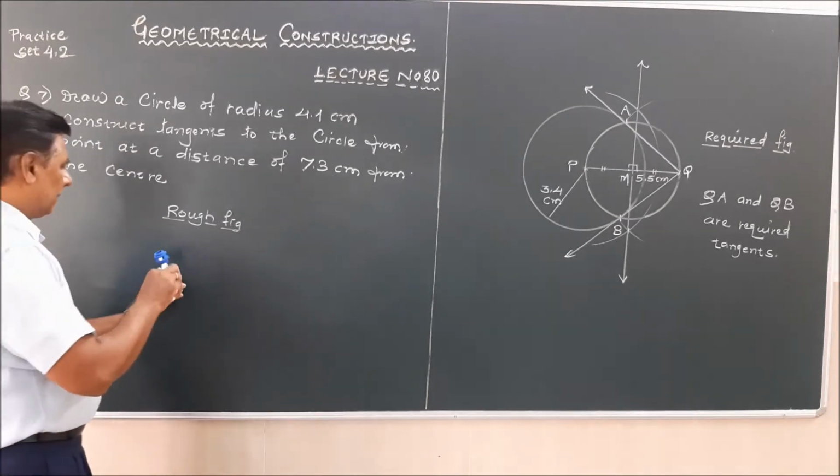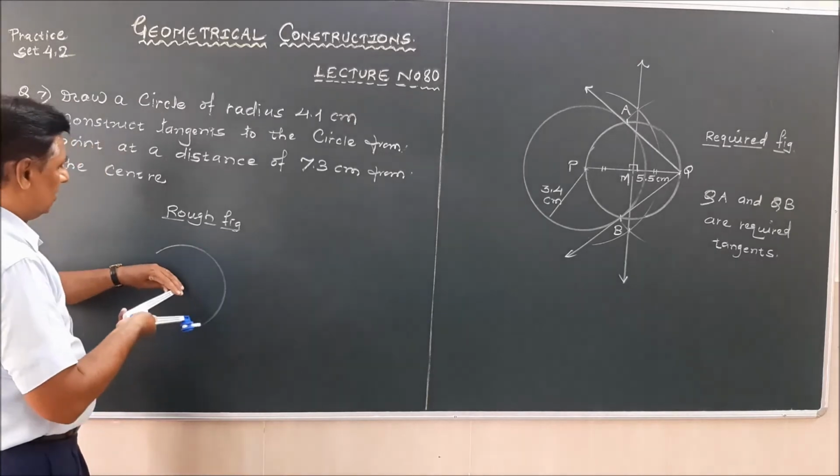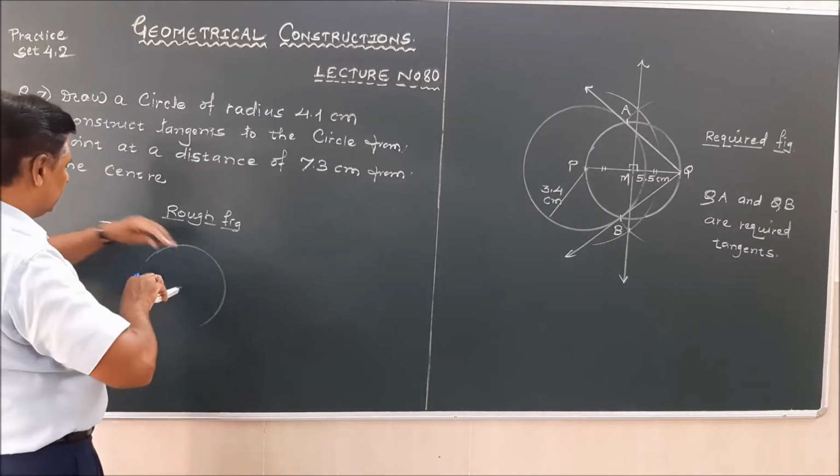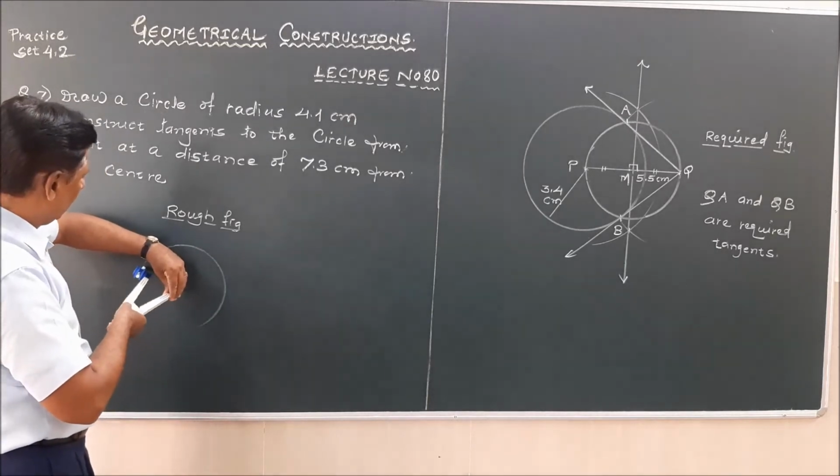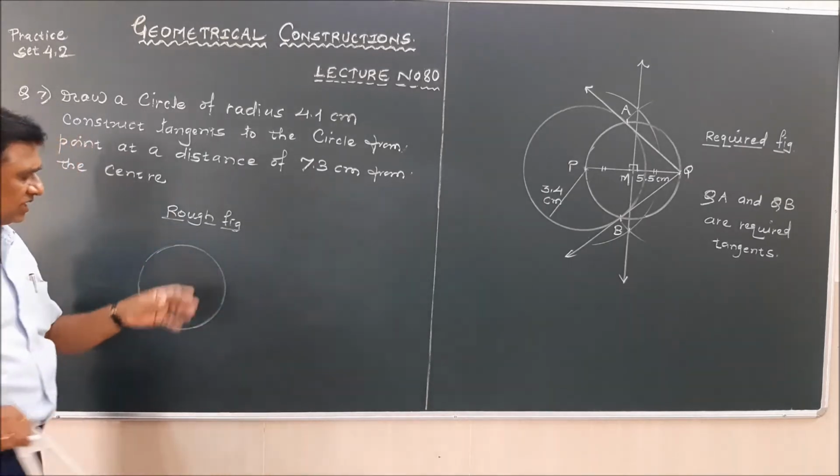Let's draw a circle. After drawing this circle, radius is 4.1. Rough sketch.